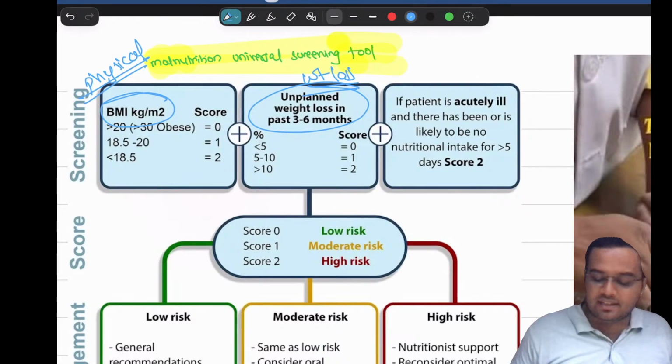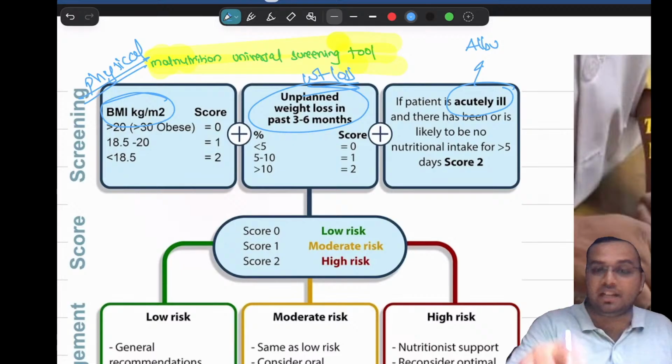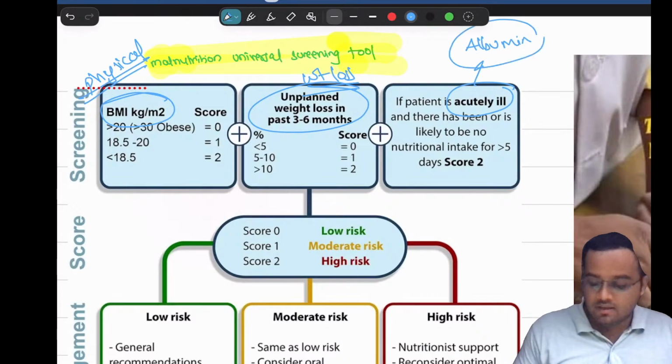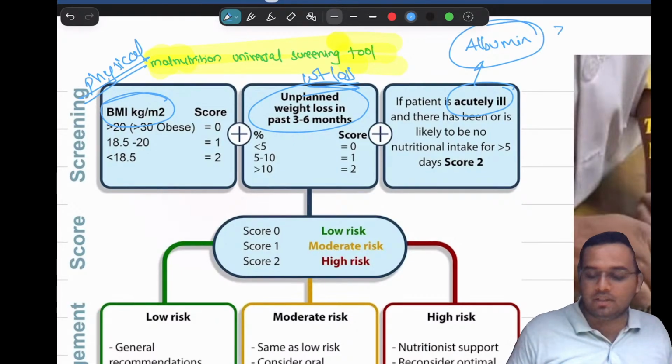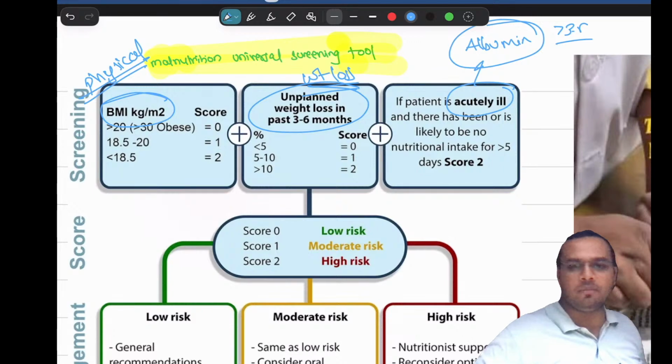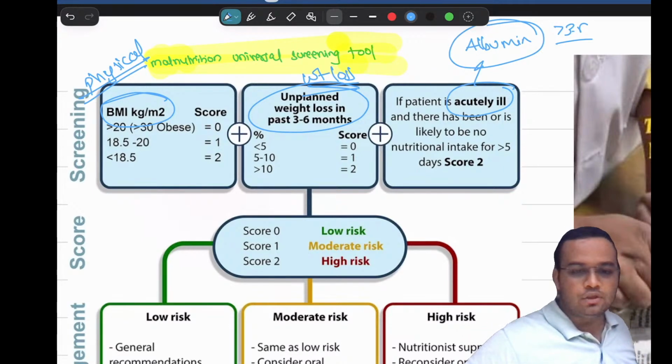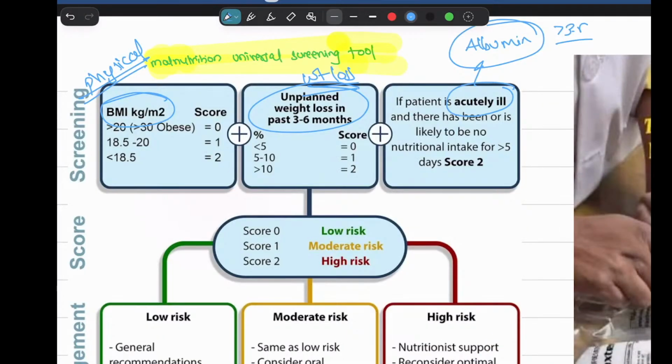And if the patient is acutely ill, or even some people consider using albumin here, preoperative albumin. So normal albumin is more than 3.5. So few people are going to consider using albumin preoperatively as a marker in the MUST tool.